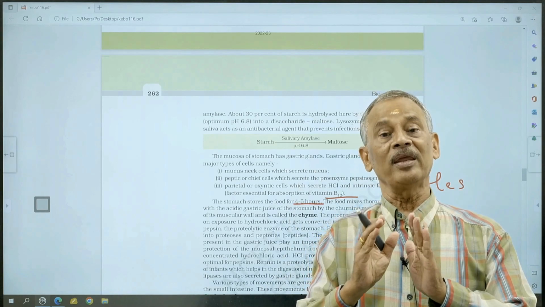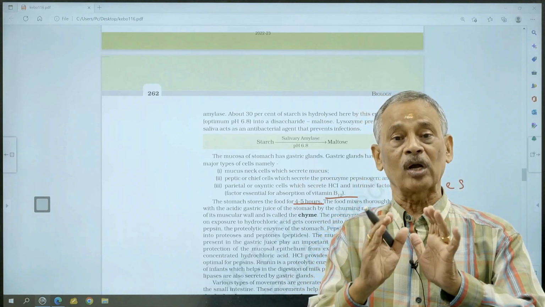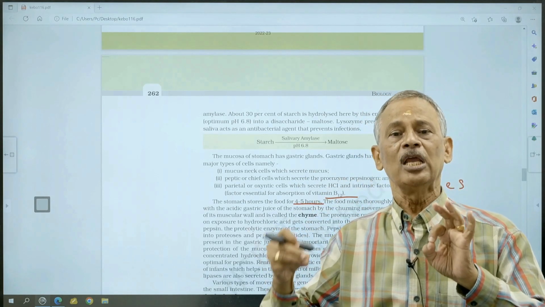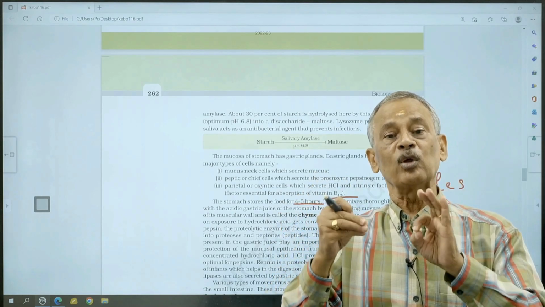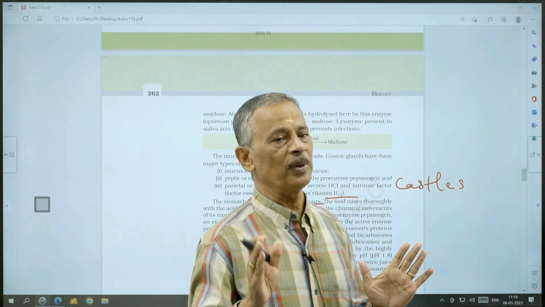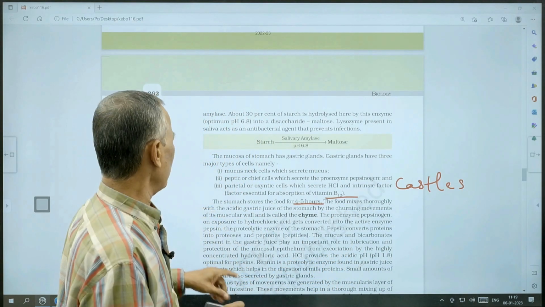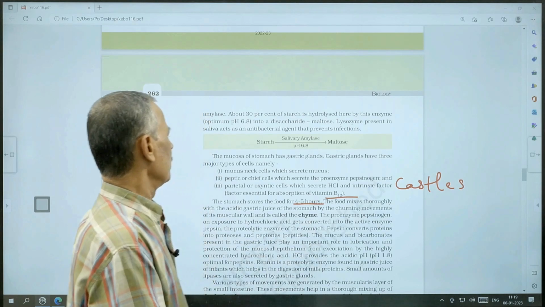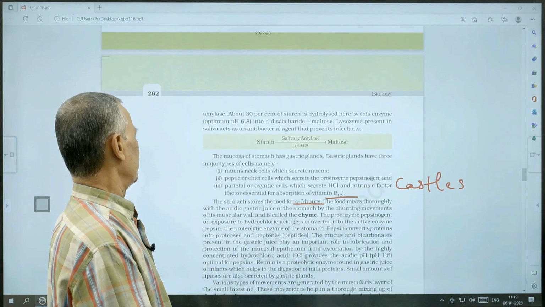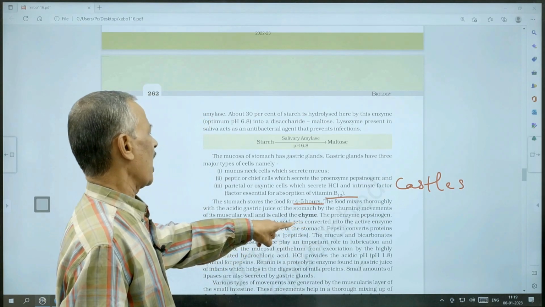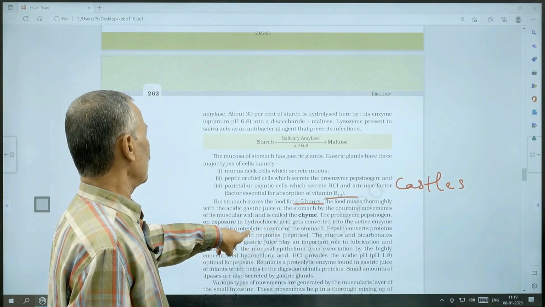That is done by a thick layer of mucus. That is why throughout the alimentary canal, you have mucus-producing goblet cells. These goblet cells continuously produce mucus, so that they prevent the excoriating activity of the HCl on the intestine.